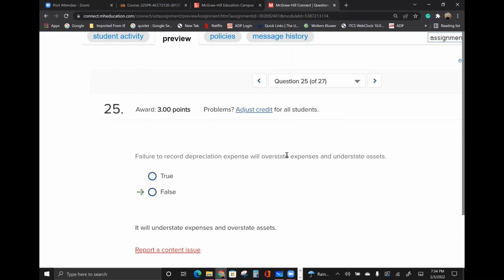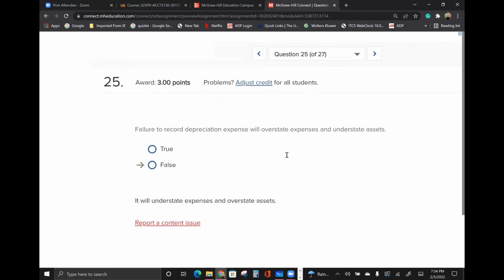If I don't reduce it, remember I said you have a contra asset account that will lower the asset as you do those entries, because that's going to be my credit. So it's sitting as a debit and I get a credit, but now the credit doesn't come in. If the credit doesn't come in, it doesn't reduce the asset. So will that understate my asset?